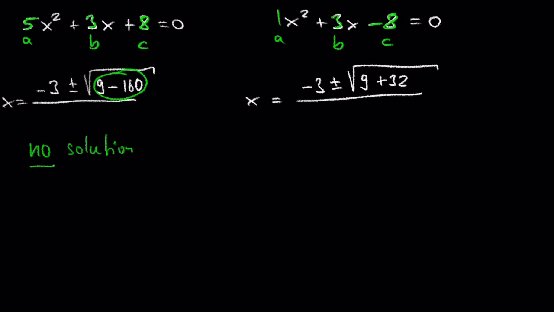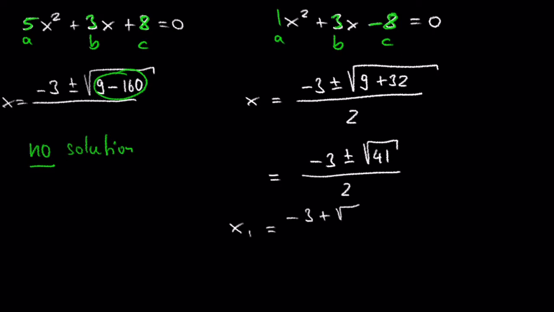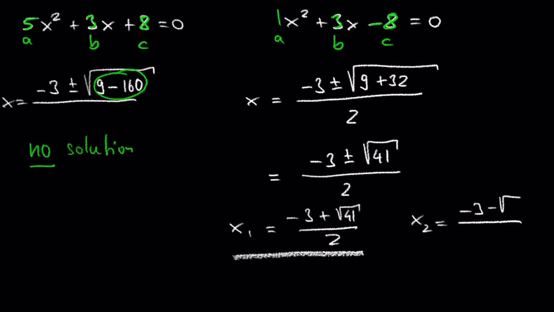And 2 times 1 is 2. 9 plus 32 is 41. So we get negative 3 plus the square root of 41 over 2 and negative 3 minus the square root of 41 over 2.